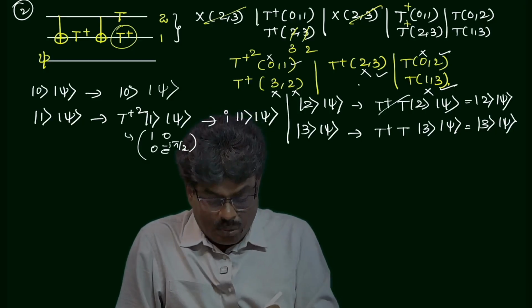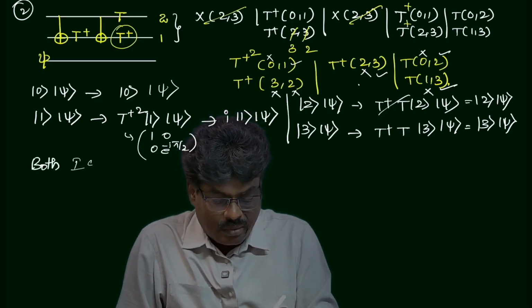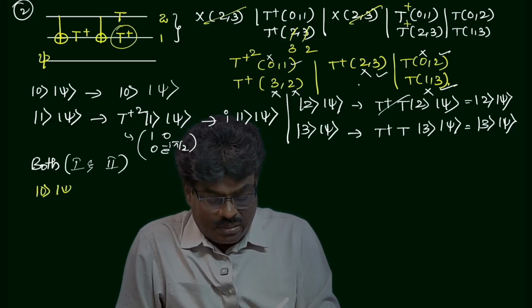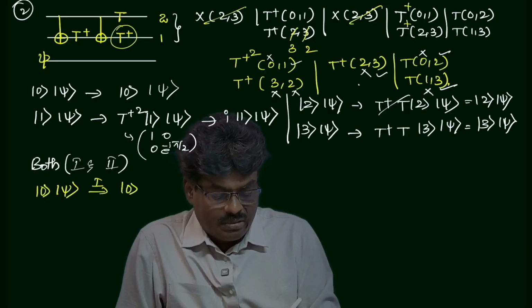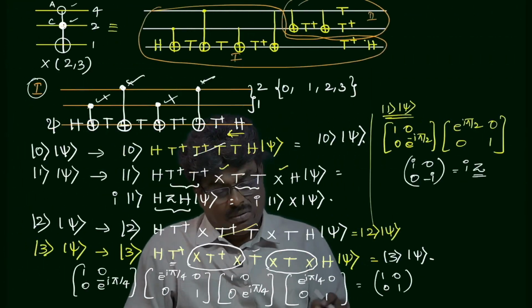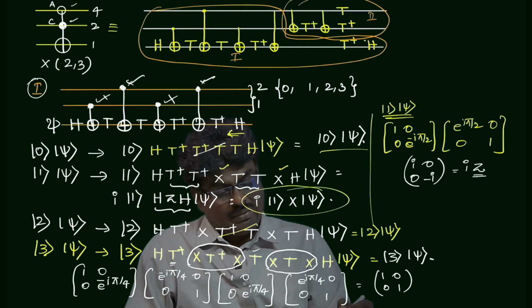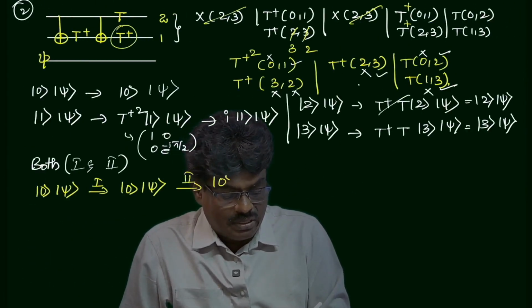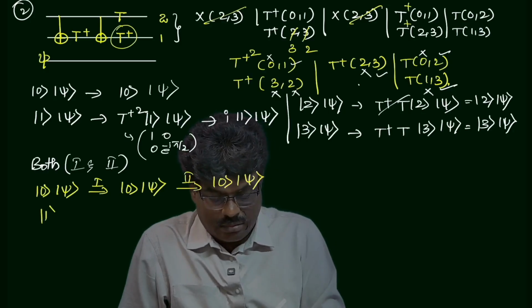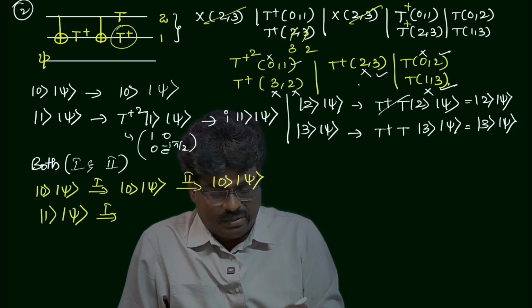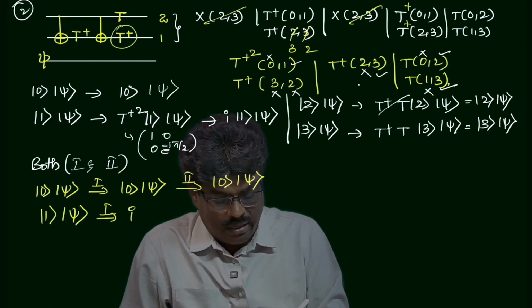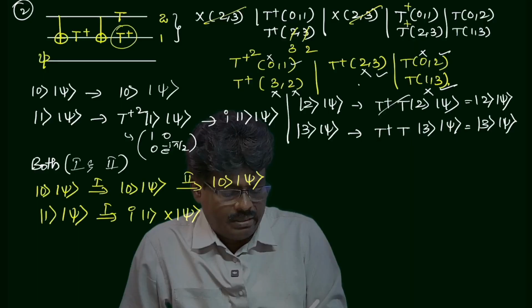Now I'm combining both 1 and 2. And let us check. So here 0 psi, first one no change. So please one more time, please check, no change. 1 psi becomes this one, be careful. 2 and 3, no change. So second one also no change. And here the first one, this is I 1 psi, I 1 psi.